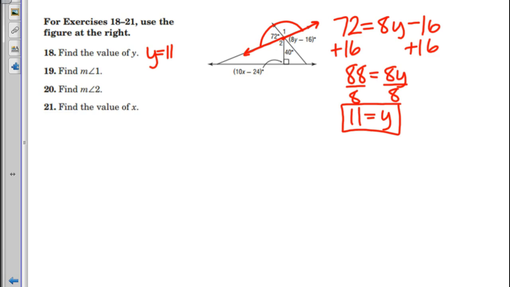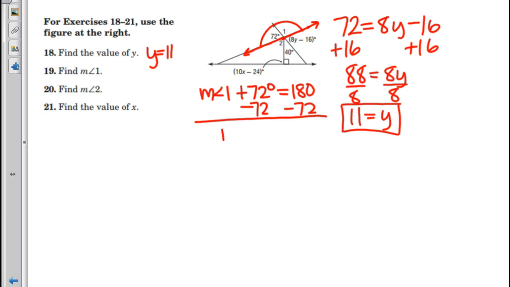So the measure of angle 1 plus 72 degrees equals 180. So solving for that, I'll subtract 72 degrees from both sides. I'm going to drop the degree symbol until I get to the end. So the measure of angle 1 is equal to 108.